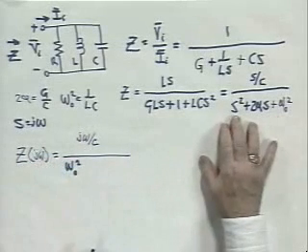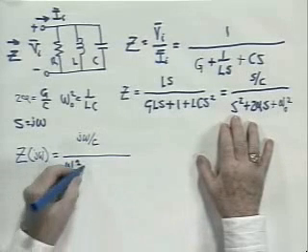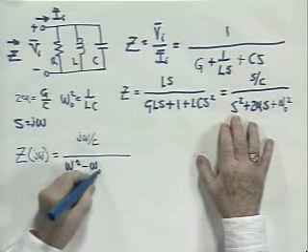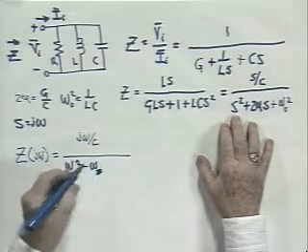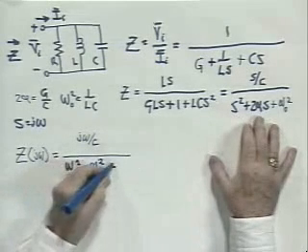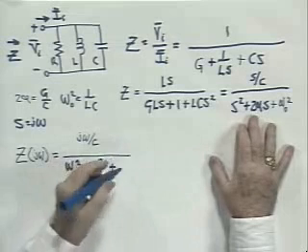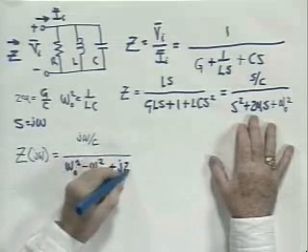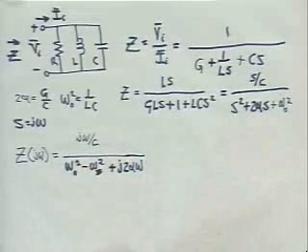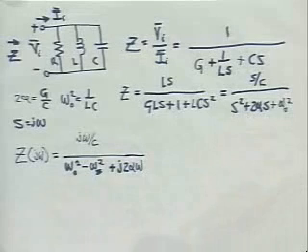And if I multiply j omega times itself, I get minus j omega squared, minus omega squared, not omega naught, just omega squared. And then the imaginary part of the denominator is plus 2 alpha, plus j 2 alpha omega. This is omega squared, not omega naught squared.